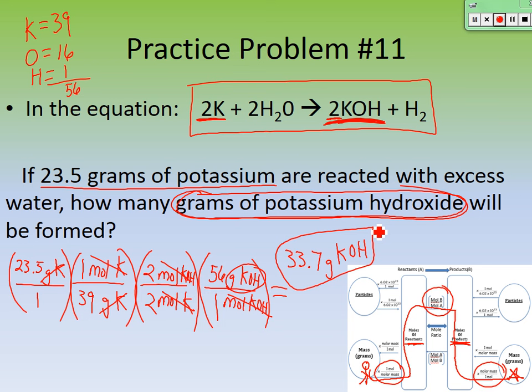What we're saying here is that if you start this reaction with 23.5 grams of potassium, and you have a whole bunch of water, you're going to make 33.7 grams of KOH. Isn't that pretty cool? You can figure that out, right down to the tenth of a gram. I mean, it's incredibly precise, and it's very important to chemistry. Again, I just can't emphasize that enough.